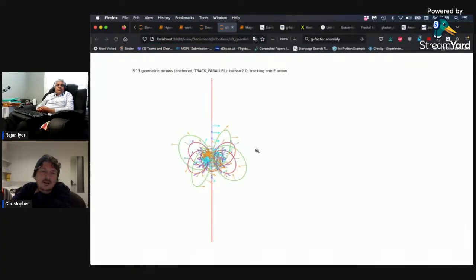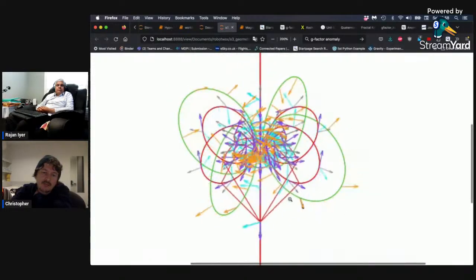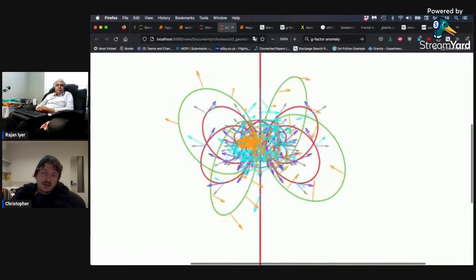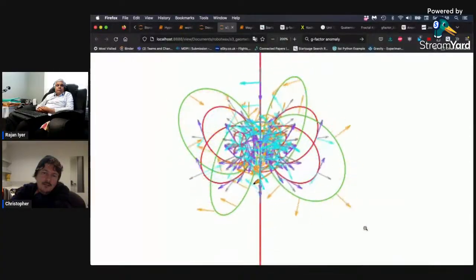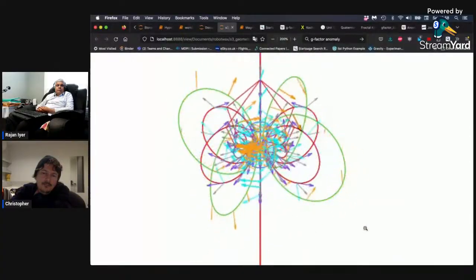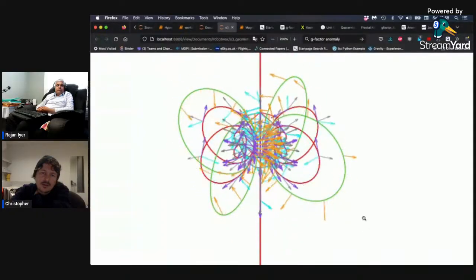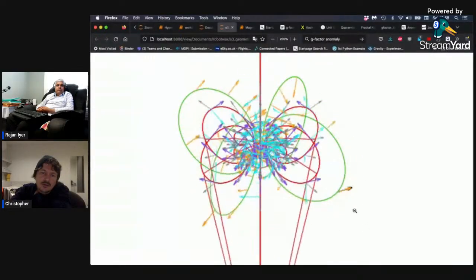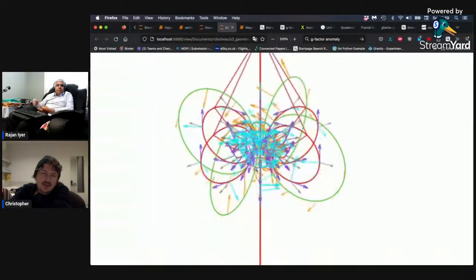So this is tracking along the parallel lines. What we're looking for here is a vector that's kind of black. I'm just trying to track it. Yeah, it seems to be okay. So we track the black one, and it goes in, and then it kind of goes around.